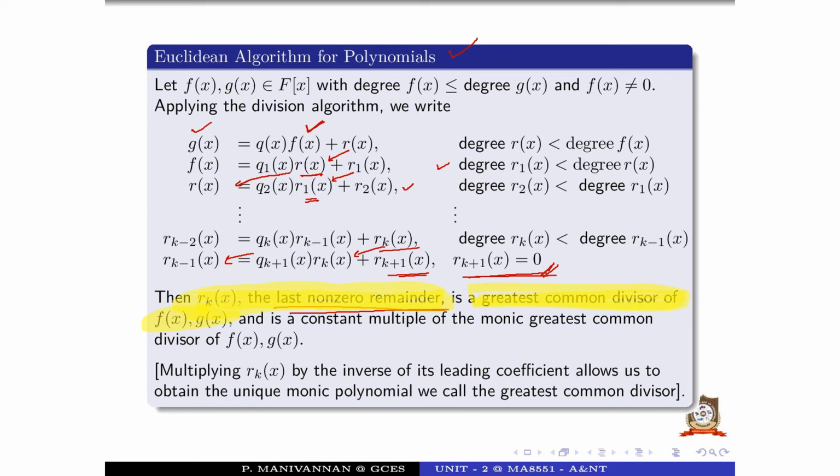It is an important result. And it is a constant multiple of the monic greatest common divisor of f(x) and g(x). Multiplying r_k(x) by the inverse of the leading coefficient allows us to obtain the unique monic polynomial we call the greatest common divisor.